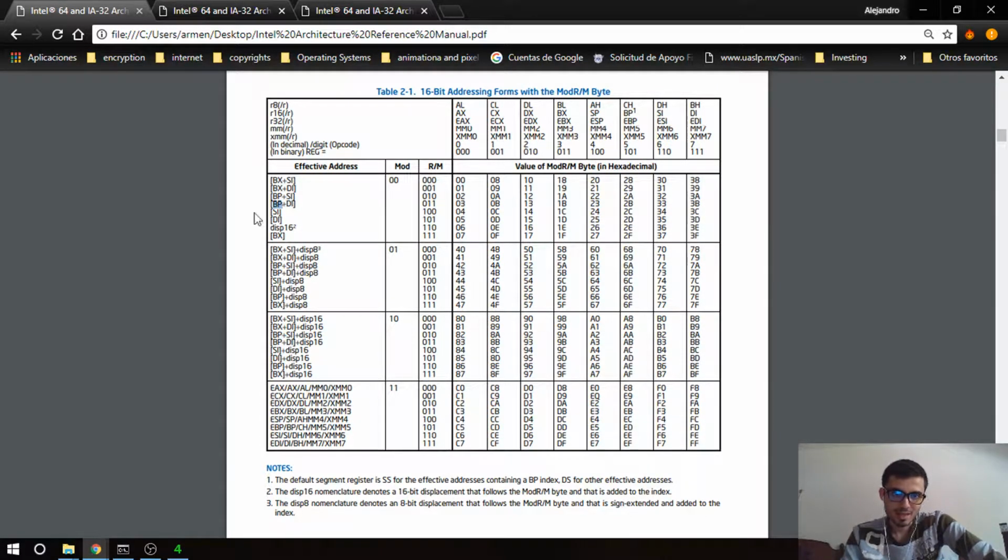So any BP index here, like this one, BP DI, BP, these ones, are going to use SS for the segment register. You know what I mean?